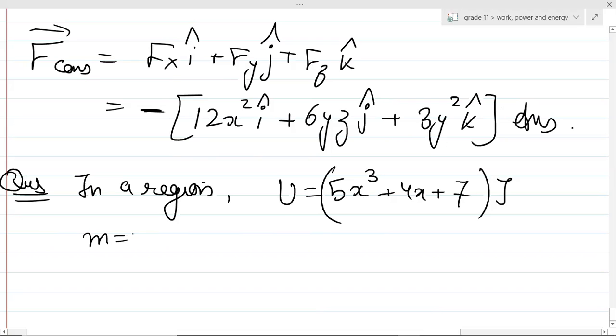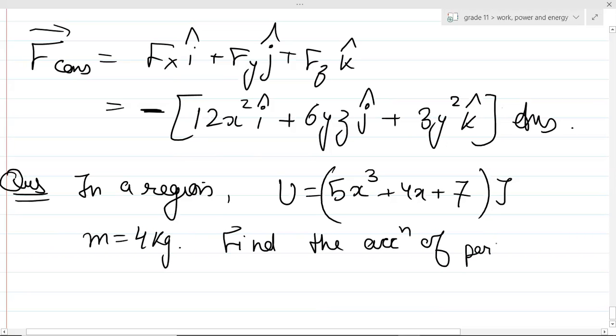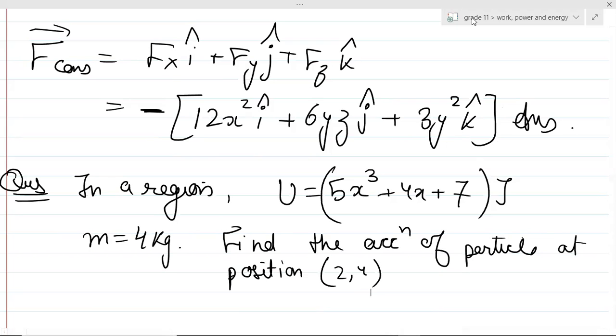The mass of the particle is given, let's say 4 kg. Now the question is, find the acceleration of the particle at position 2 comma 4. Chalo, try to do this.